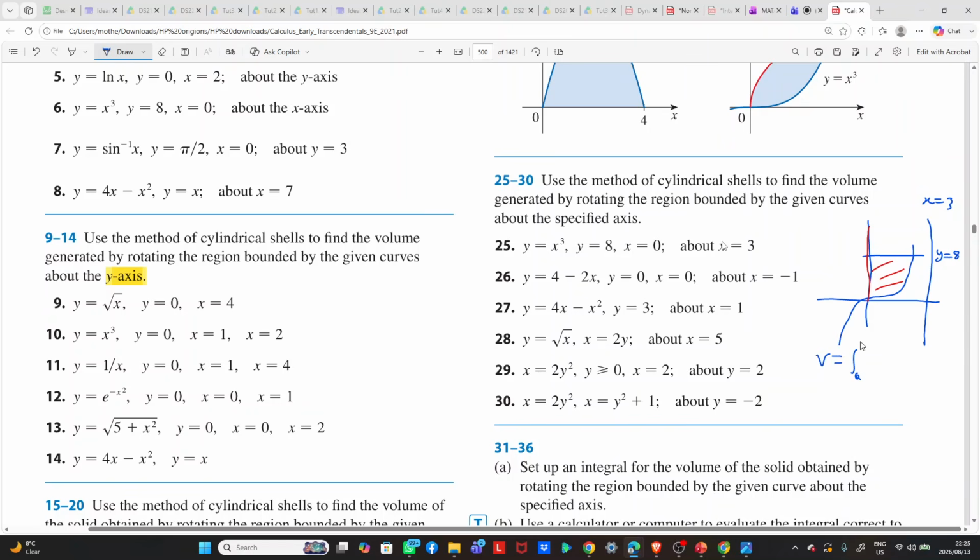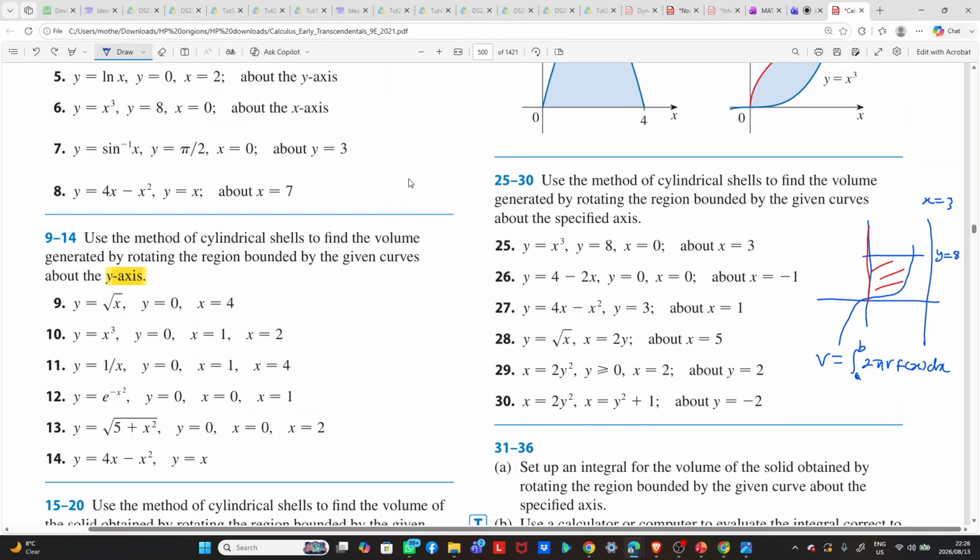From a to b of 2 pi r f of x dx. Now, the thing is no longer on the y-axis. That means r is not equal to y. We need to define r. That is the only thing that you need to be careful of.